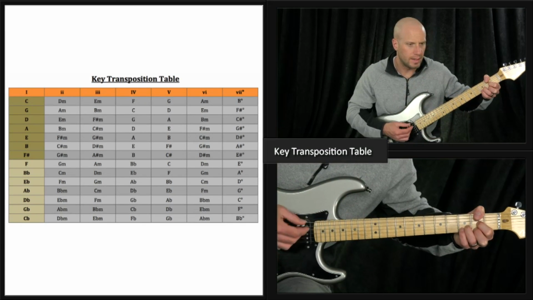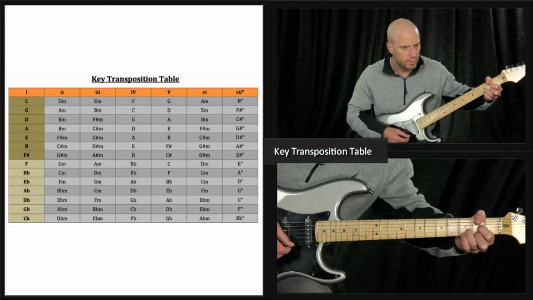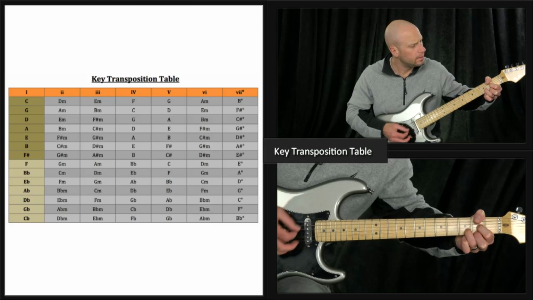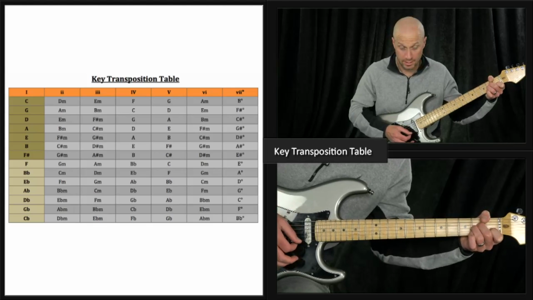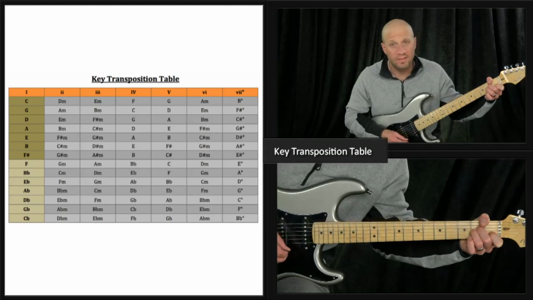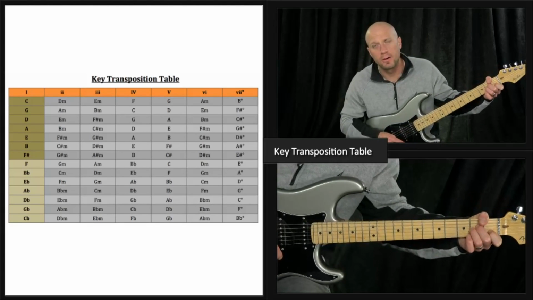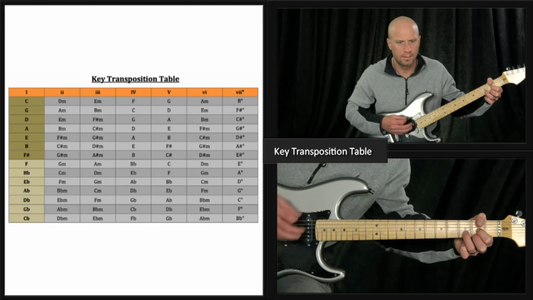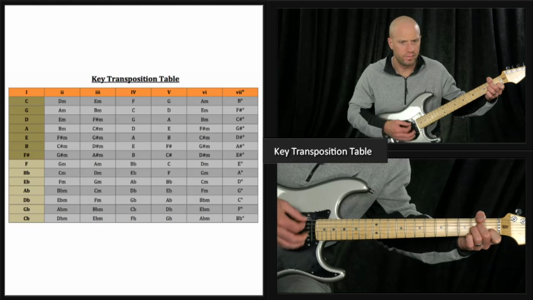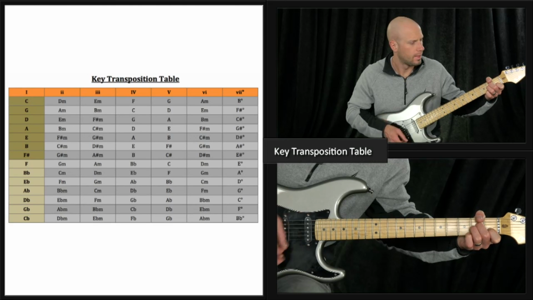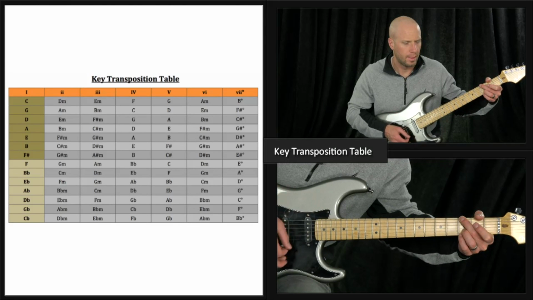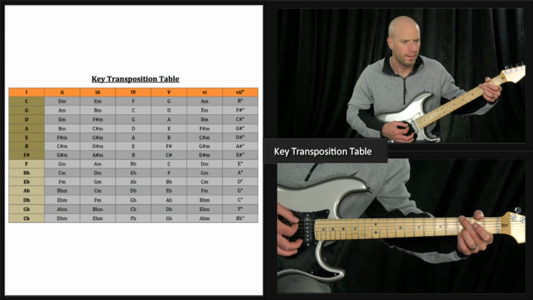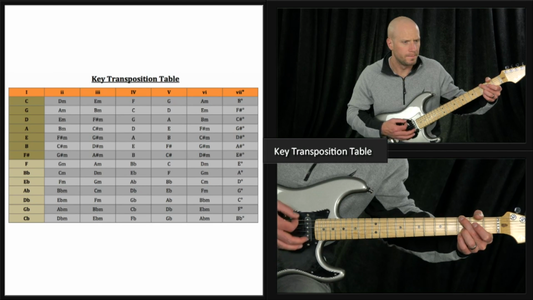So let's go 1, major 1 to minor 5 is another dead giveaway that you're in a Mixolydian key, Mixolydian tonality. 5. There's our 4 chord.